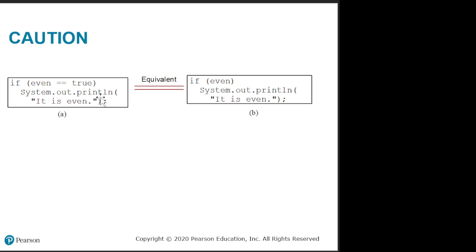So when we're using Boolean values, what we want to be able to do is we want this even to be true or false. We don't need to compare it to true or false, because if is looking for a true or false. So it's very important with Boolean values that they themselves can be a quick test, as long as we make sure that we keep track of their true or false nature.